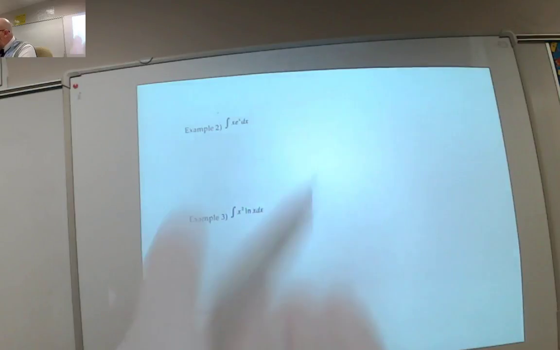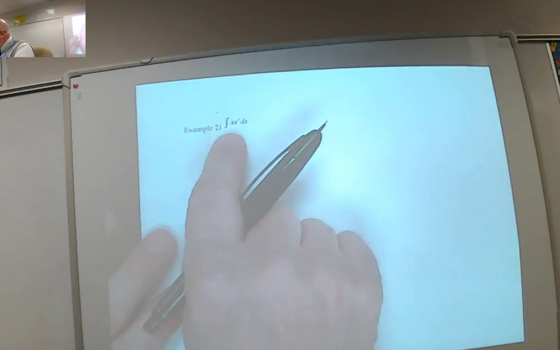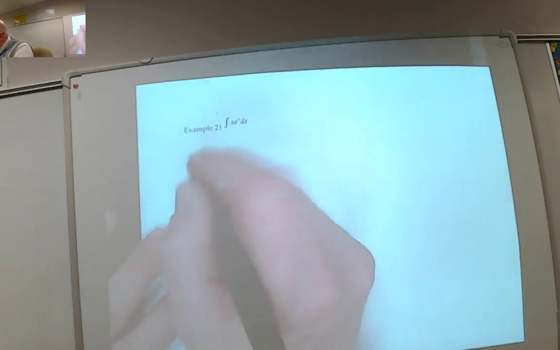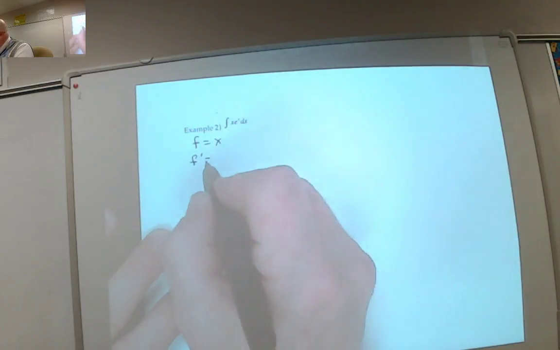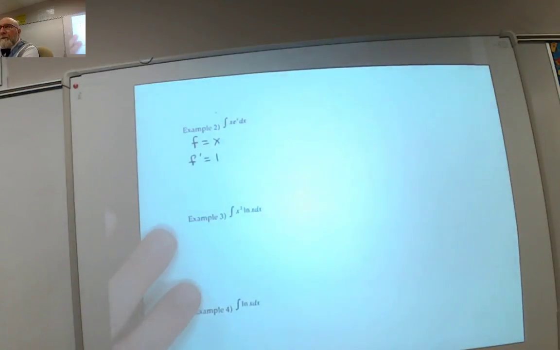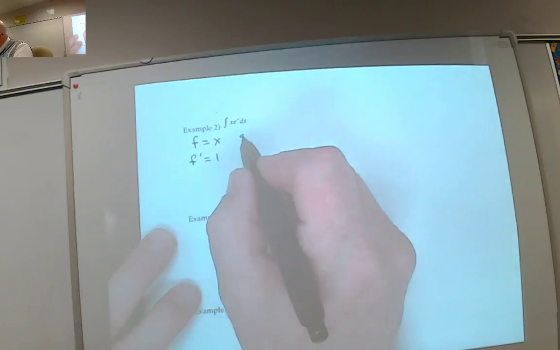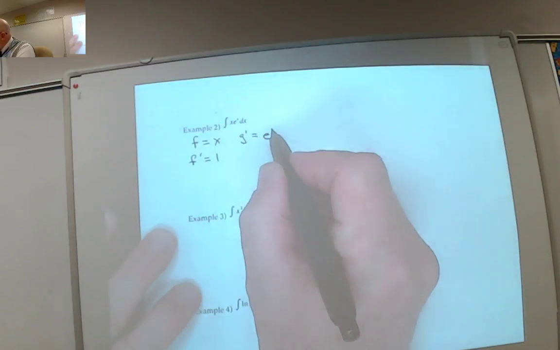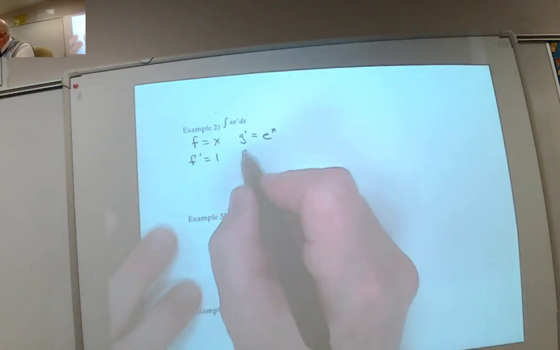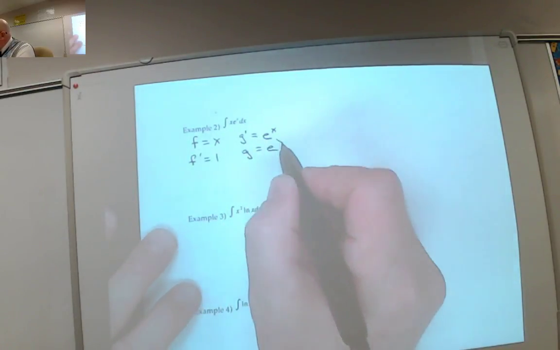And the reason I do that is I want to make sure I solve this. I'm going to let f be x because I know its derivative is 1. And over here I'm going to have g prime. Remember, the other function has to be the derivative, and I get e to the x, and the antiderivative is e to the x.